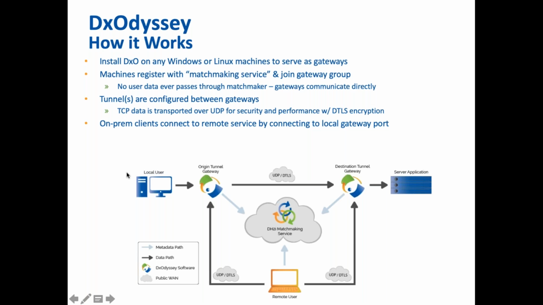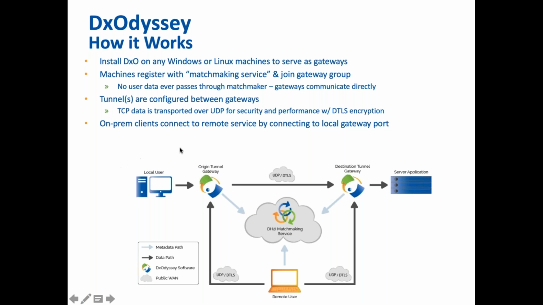For the local user that needs to access some resource or application on the destination side, they would simply connect to the origin tunnel gateway, and in doing so, they would gain access to that remote resource.